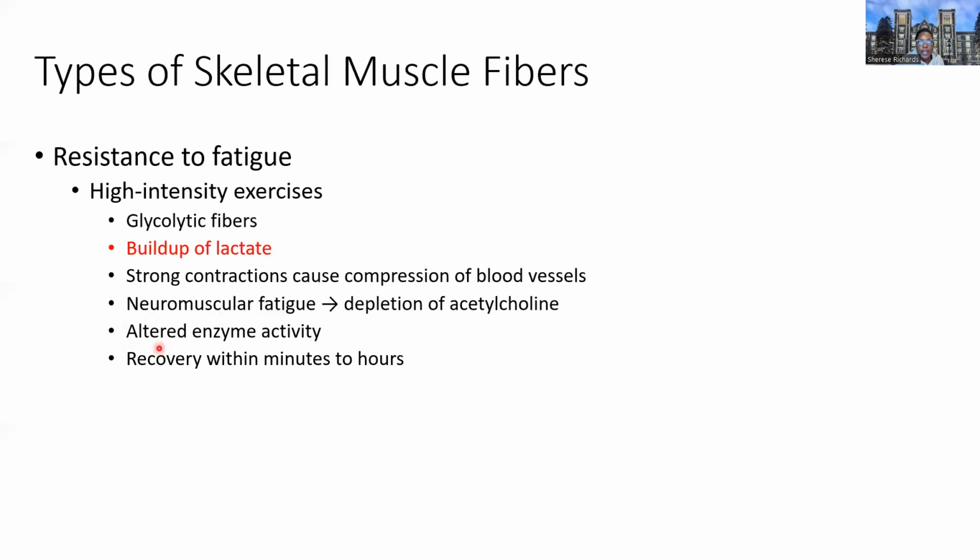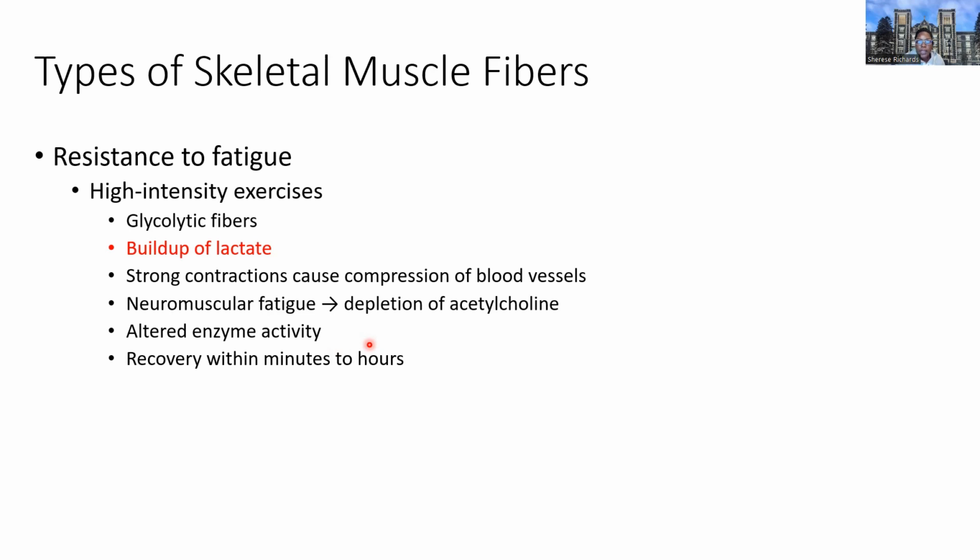And then the other reason here is altered enzyme activity, because when we have buildup of lactate, that creates this acidic environment. And the acidic environment can denature or deactivate the enzymes, the glycolytic enzymes that are needed for anaerobic glycolysis. So that can also contribute to altered enzyme activity and therefore fatigue.